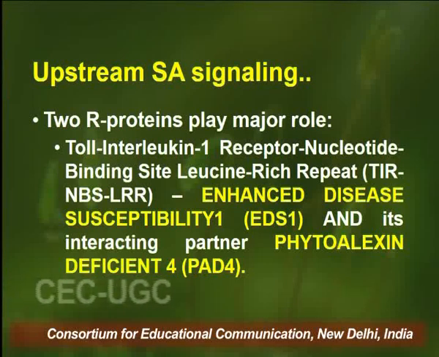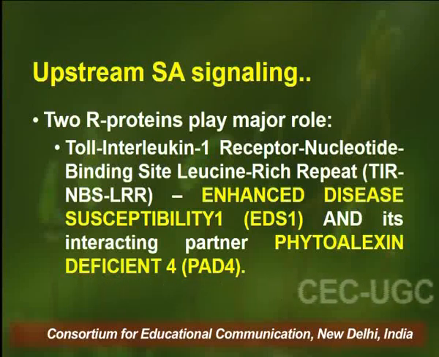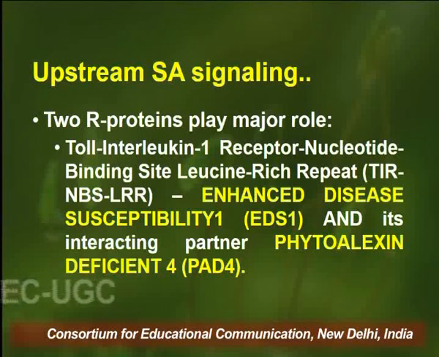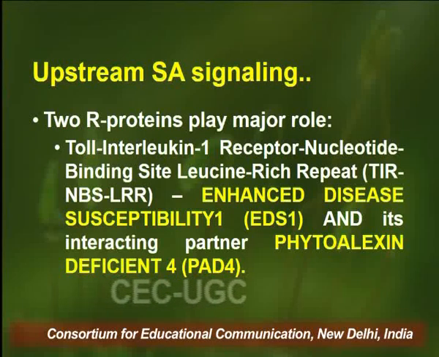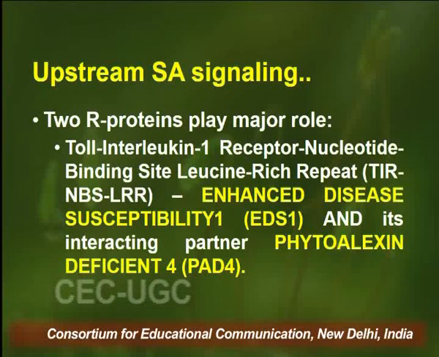Once this TIR-NBS-LRR gets activated, it stimulates the EDS1 and PAD4 complex formation, and once this complex is formed, it positively regulates the salicylic acid effect. It causes increased accumulation of salicylic acid in the plant.